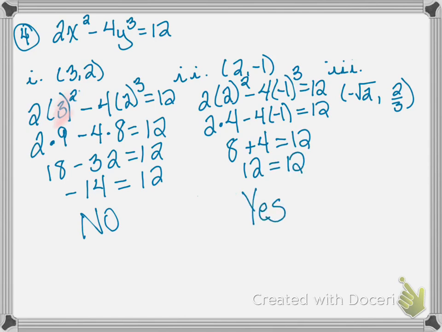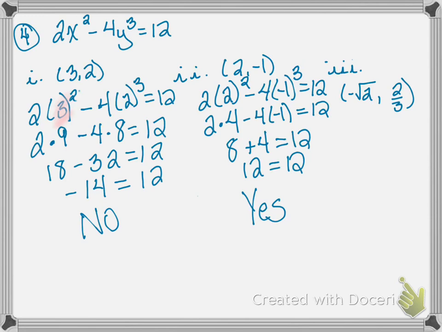And what that yes means is that this point 2, negative 1 is on the graph of 2x squared minus 4y to the third equals 12. Okay? Now my last one is negative square root of 2, 2/3. So I'm going to move down just a little bit so that we've got plenty of room here.